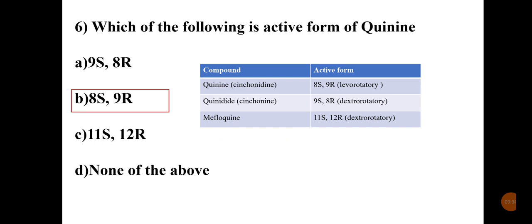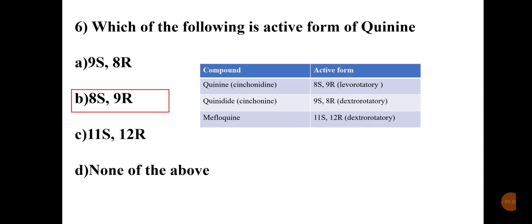So what is the product of the quinine? That is cinchonidine, right? And what about the quinidine? For quinidine, the product is cinchonine. And what is the active form of quinidine? That is the 9S8R. And that quinidine is used in arrhythmia and so on, right?